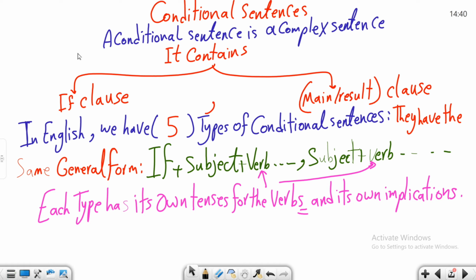Today, my friends, we are going to start the second stage of our course. In the first one, I explained the importance of the tenses, and we said that in English, the choice of the tense doesn't depend only on the time of the action happening, but there are other things to be taken into consideration, like the cultural background, the psychological background, or the contextual background of the action.